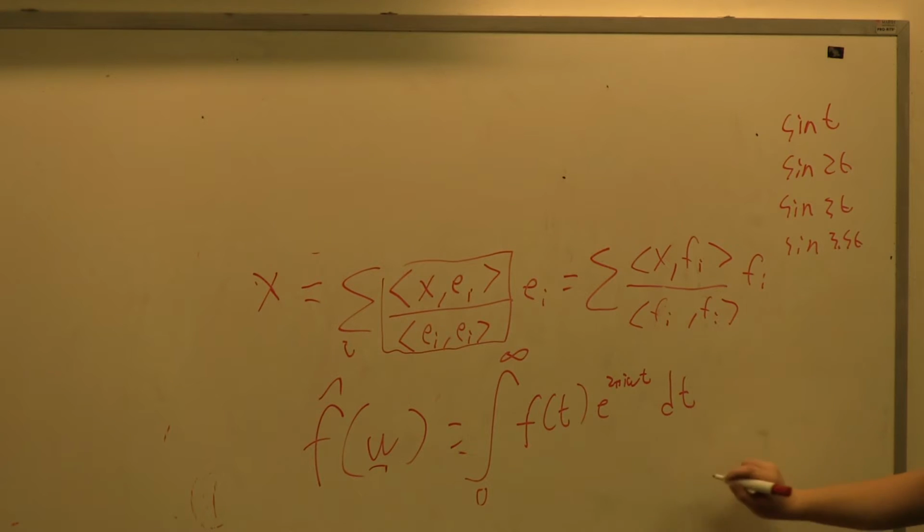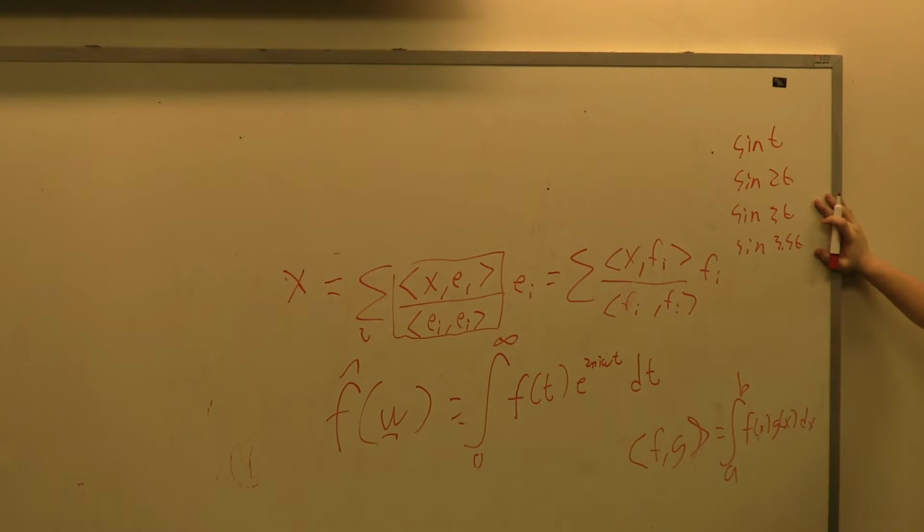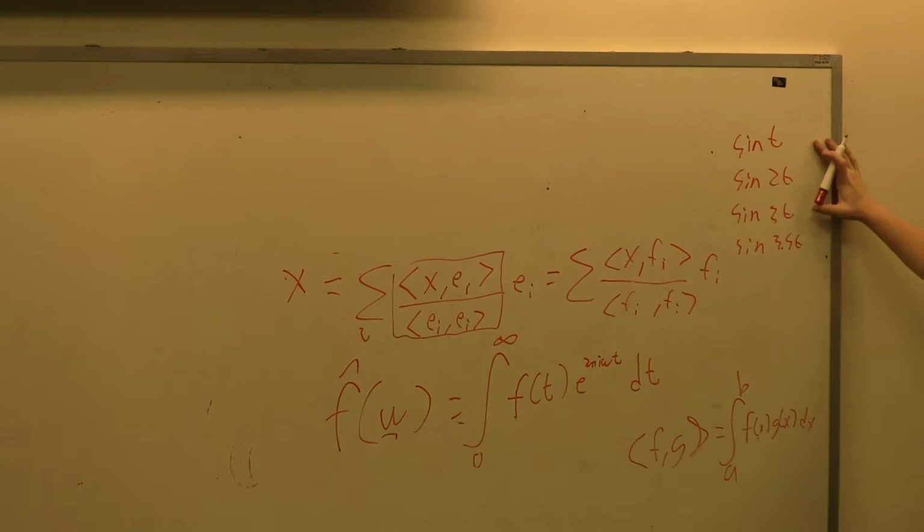The inner product of two functions f and g is an integral of f of x times g of x, and on certain bounds, any bounds that encompass an integer number of periods, these functions are orthogonal.